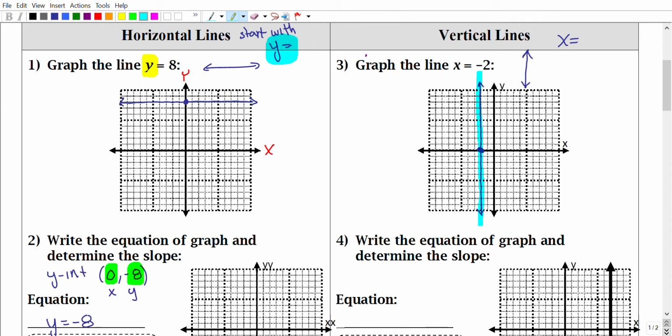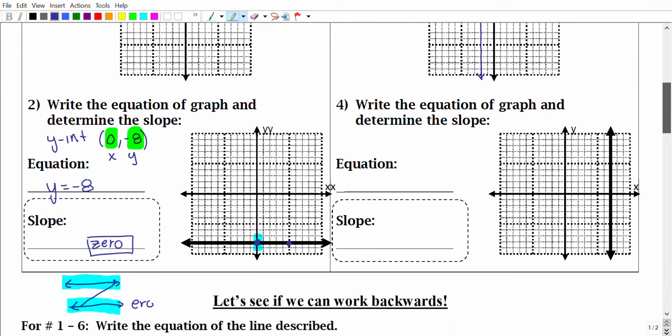What axis did I cross? The y or the x? Well, it looks like I'm crossing this other line, which is the x-axis. So once again, it has to start with x equals because that graph is crossing the x-axis. Okay? So I'm going to go ahead and erase that for now. So let's go ahead and continue.